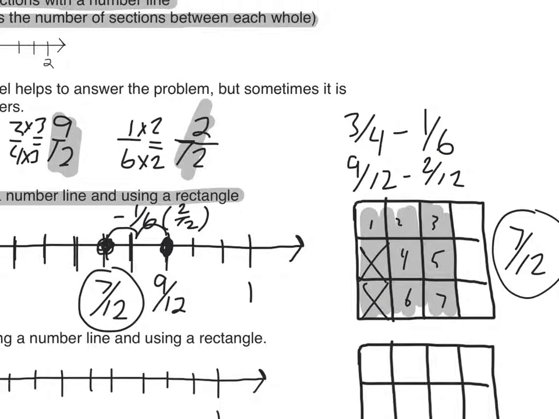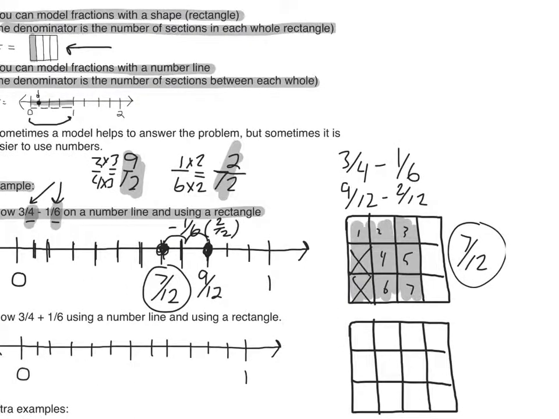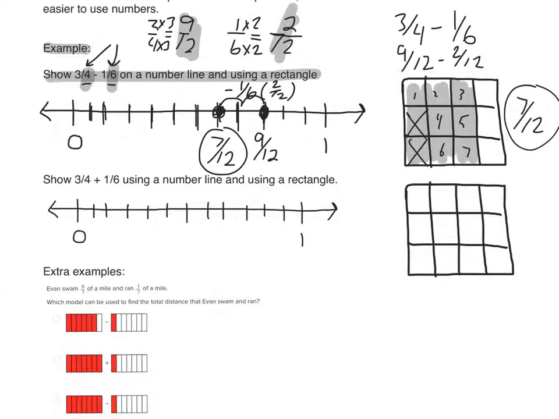Moving on. We're going to show addition: 3/4 plus 1/6. Fortunately, we already know what those equal in twelfths. So 3/4 is 9/12. So I'm going to go right to 9/12. I know that 1/2 is 6/12, so I'm going to start at 6. 7, 8, 9. So there's my 9/12. There's my 3/4, which is the same as 9/12.